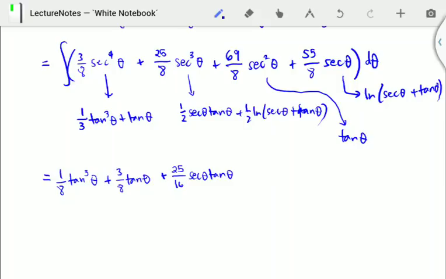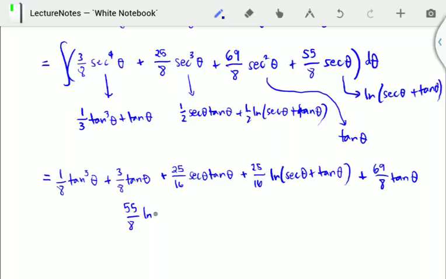This one will also give you 25 over 16 ln sec theta plus tan theta. And this one, plus 69 over 8 tan theta. And of course, the last term is 55 over 8 ln of sec theta plus tan theta.